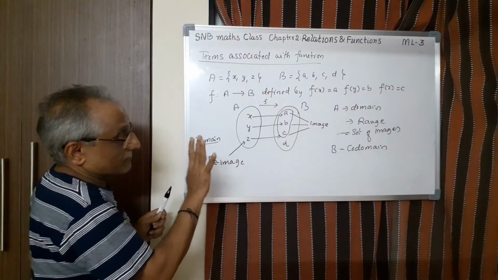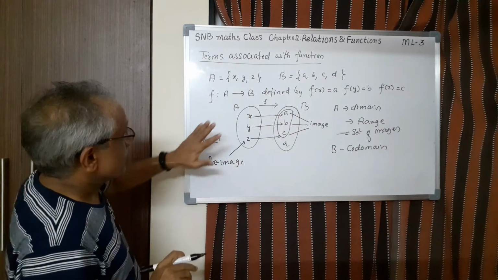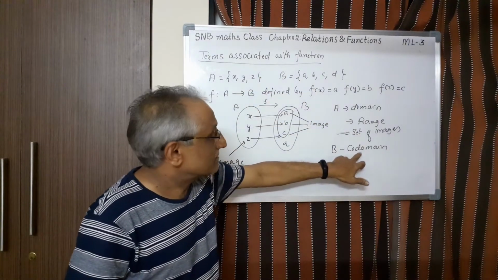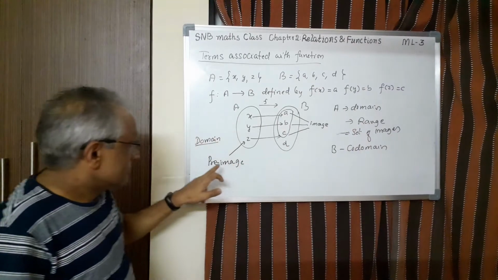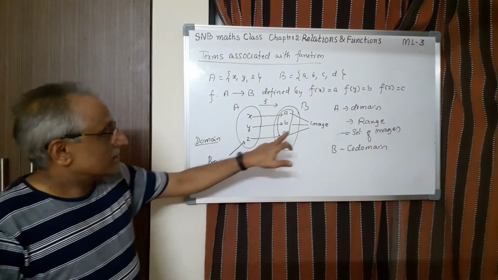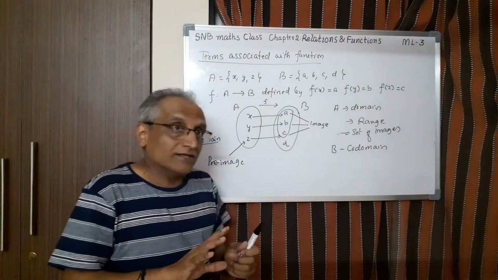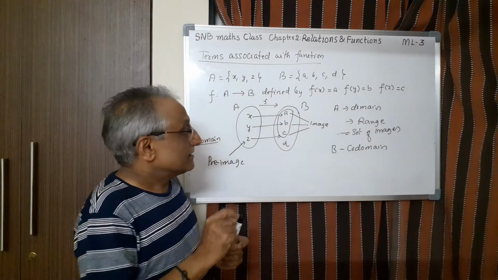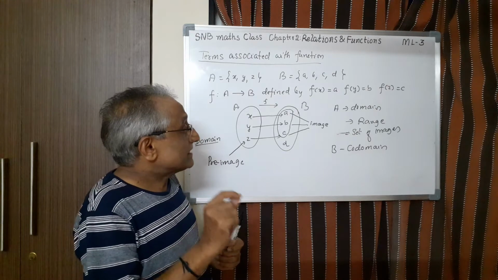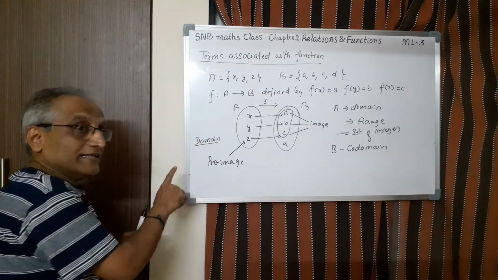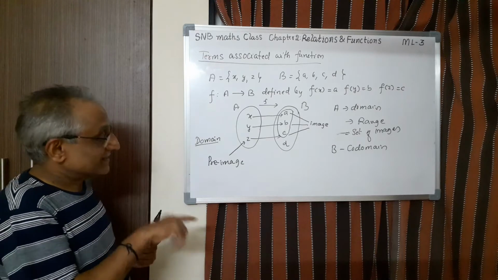So these are the 5 terms you have to remember. One is domain, second one is codomain, third one is range, fourth one is pre-image, last one is image. And sometimes a sentence can be given like this: range is the set of images, correct? Domain is the set of pre-images, correct?